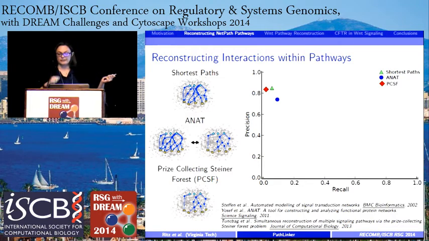There are other algorithms. ANAT in particular has a really nice parameter that allows us to have a balanced trade-off between shortest paths and Steiner trees. And there's also been a lot of work on prize-collecting Steiner trees, and in this case, prize-collecting Steiner forests to solve similar problems. Now, each one of these returns a single point on our precision recall, and these are actually the best points after we tune a number of internal parameters.